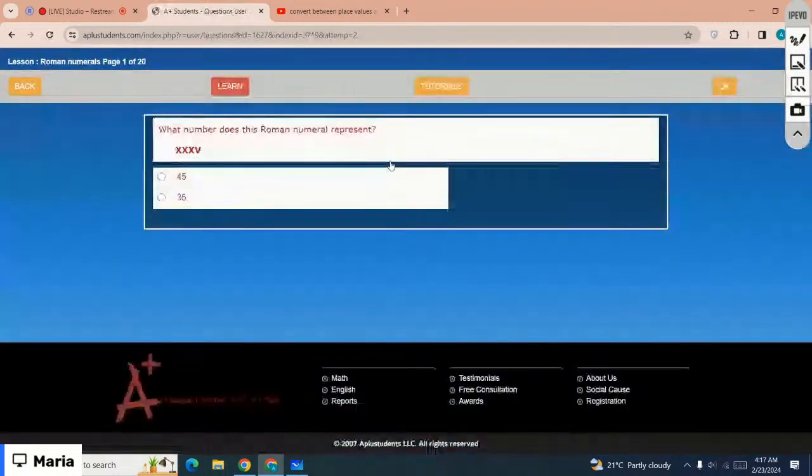Okay, that is XXXV. What number does the Roman numeral represent? So which is the correct option?